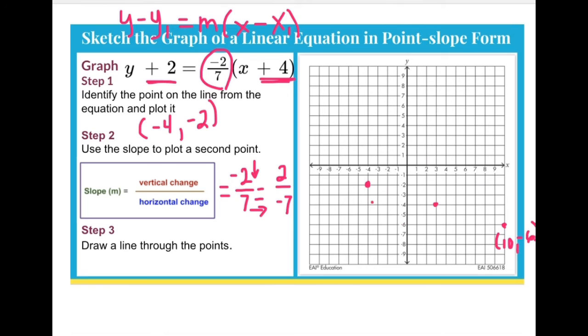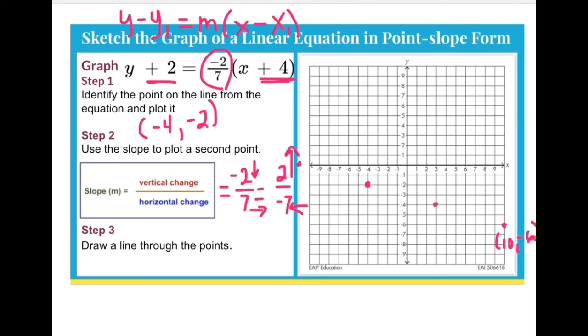Then another way is from -4 comma -2, you can also go up 2 units and make a left 7. So go up 2 and left 7. So it will be outside here, so we will extend the graph.